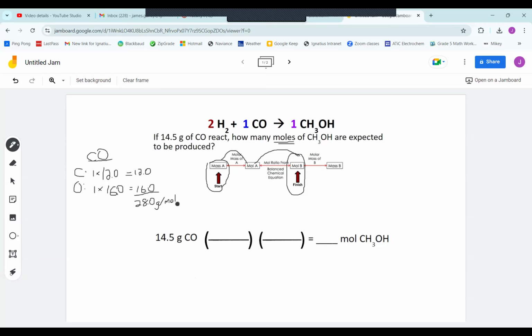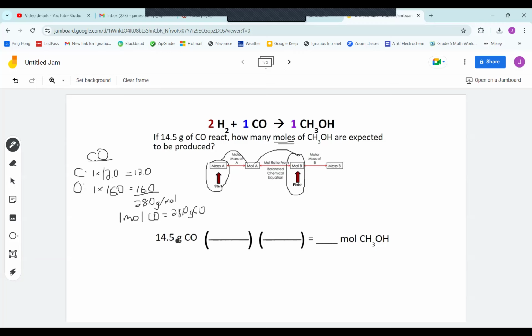That information is going to go into the first conversion factor. And specifically, we're going to write it so that 1 mole of CO is equivalent to 28 grams of CO. We want to make sure that the first unit, the unit we begin with, crosses out.